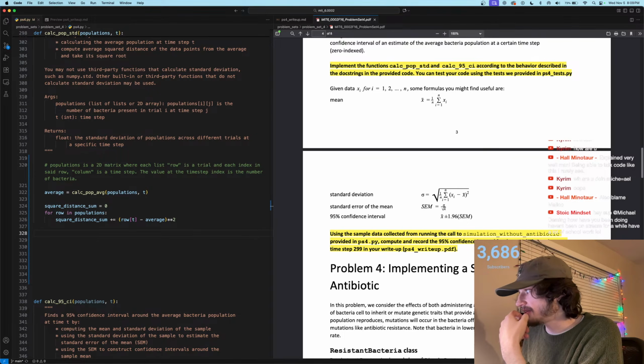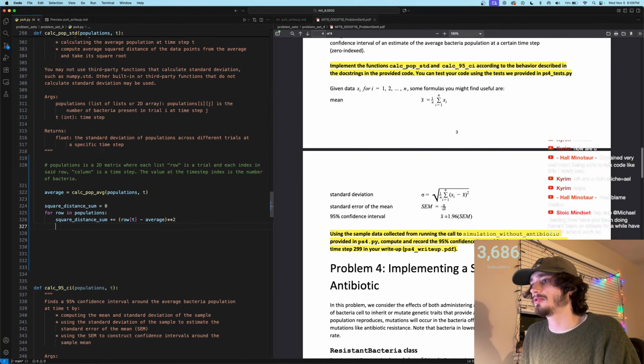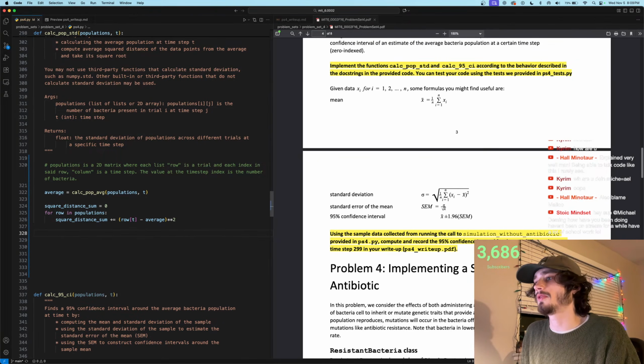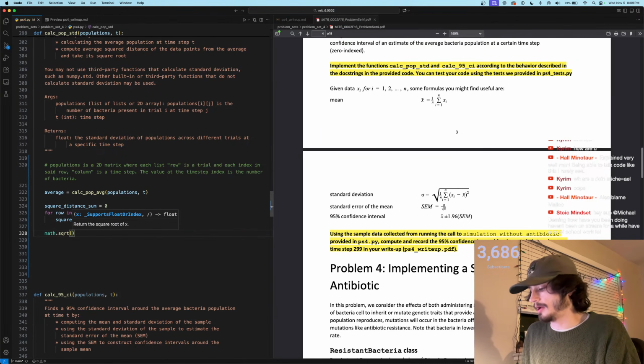Then we're going to take this and multiply it by 1 over n, root, math.sqrt of 1 over n, which is the average, which is the length of populations.